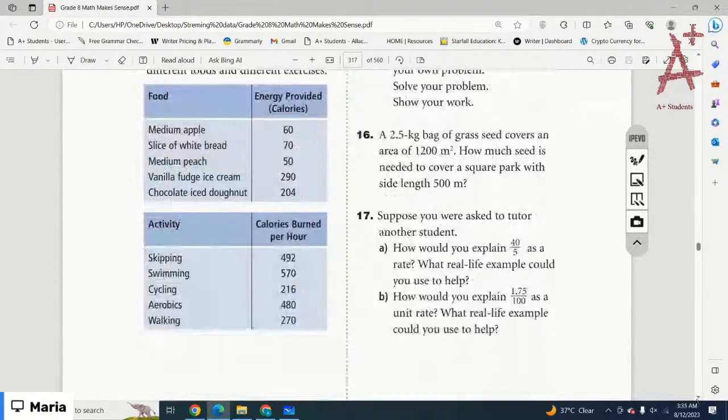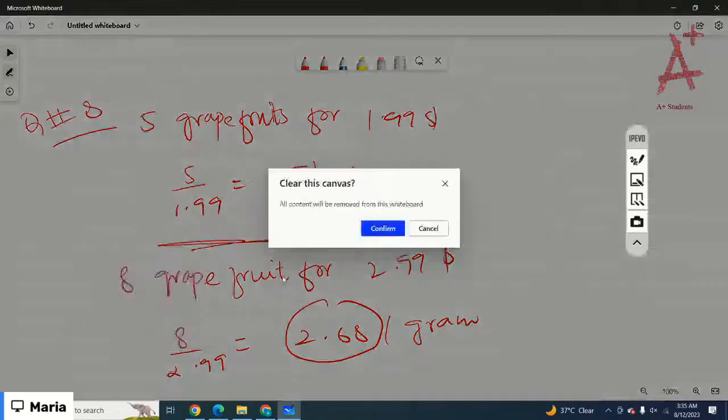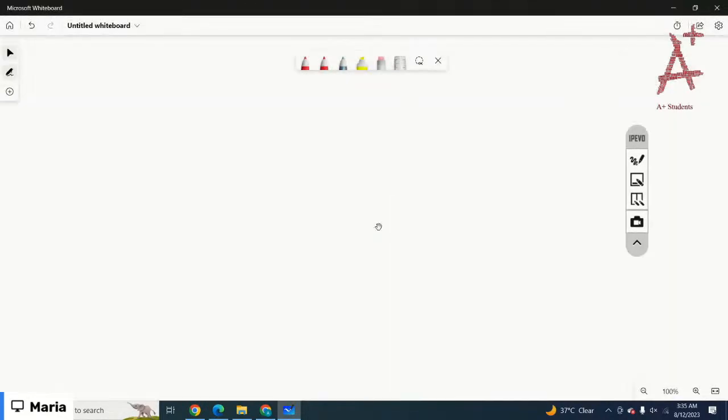A 2.5 kg bag of grass seed covers 1200 square meters. Because it is a square park, right? You are given the side length, 500 meters. That means the area is 500 meters times 500 meters, right? 500 times 500, that is the area.